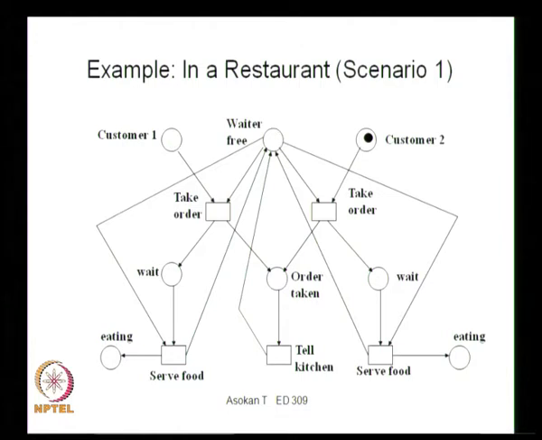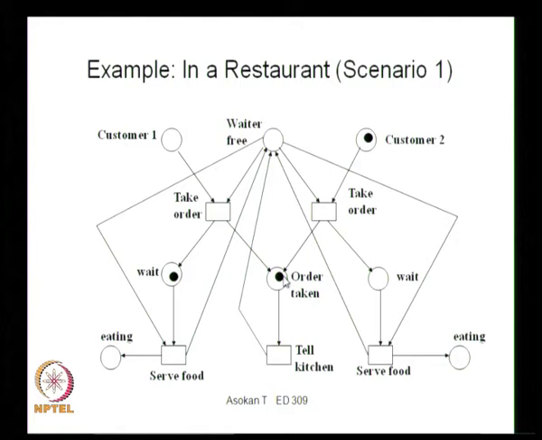You can see that the order is taken, so the transition is taking place, the customer is waiting here and the order is taken. We have these two places with tokens now. After the order is given and taken from the customer, that is completed.